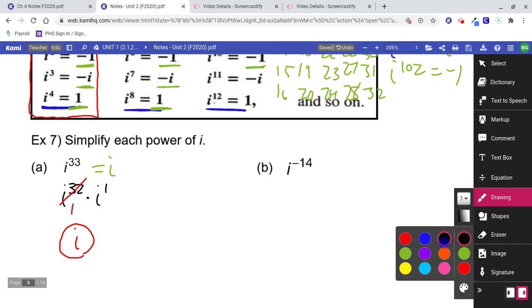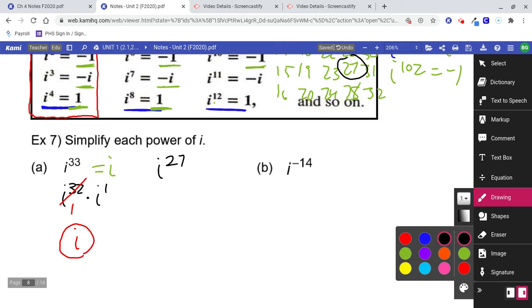Okay, let me give you another example before we go to the negative. If I said i to the 27th power, I could count to 27, and it looks like it's going to be equal to i to the third. I don't want to count though.